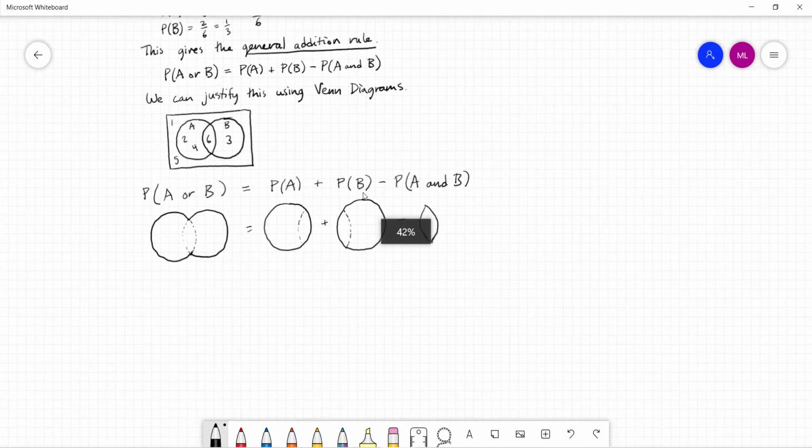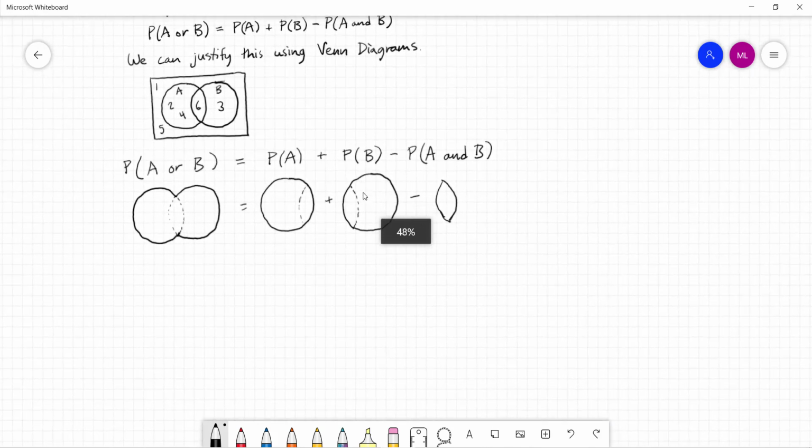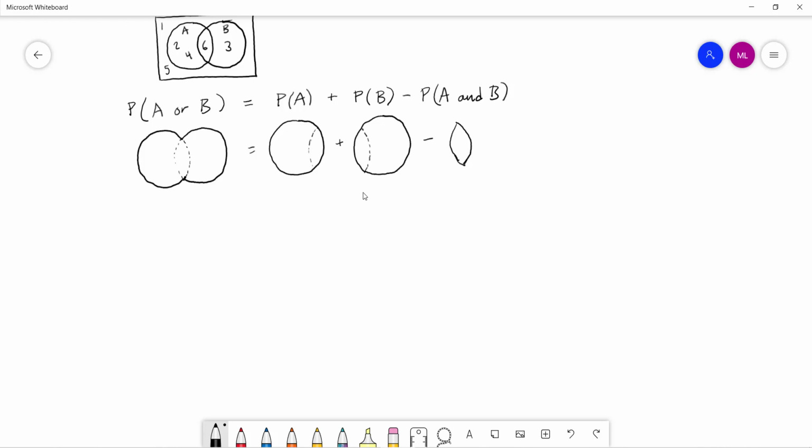Okay, so this is again our general addition rule. We can use it in lots of situations where, for example, I tell you what some of the values are.